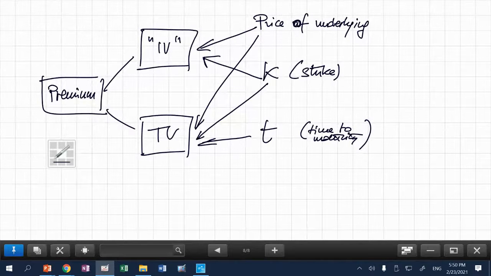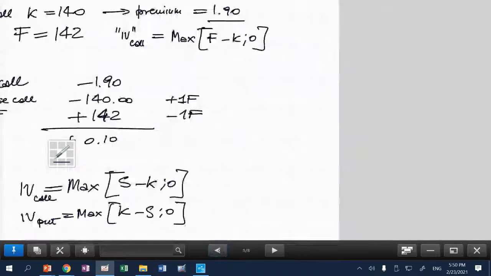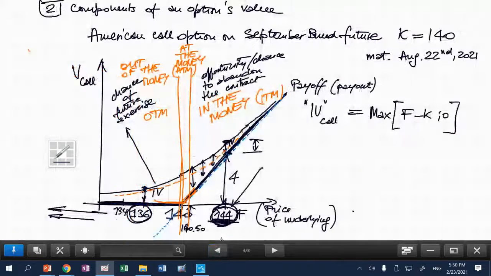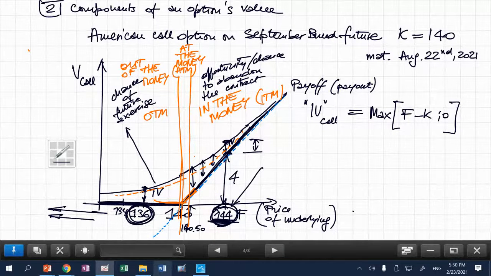that enters into the time value component. And the second element entering here is going to be the volatility of the underlying. That also is going to influence the level of time value. Why? Because intuitively, imagine if you are here at 136, and you had the news for any reason that the volatility of the future can go up.